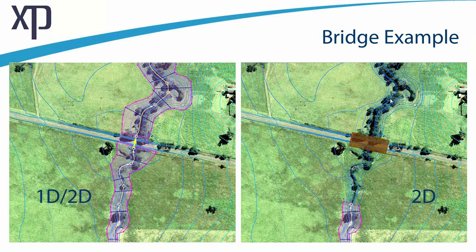And the brown area is a layered flow constriction. At the 1D bridge on the left, or the layered flow constriction on the right, you can enter parameters that define the shape and losses and anything else that you need to specify to model that structure. And in this case we're running with recommended values.